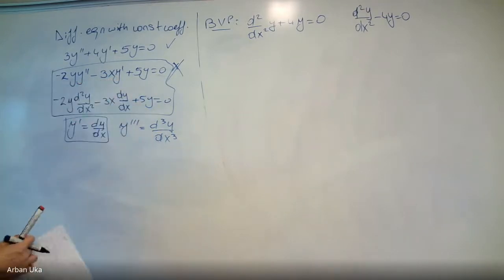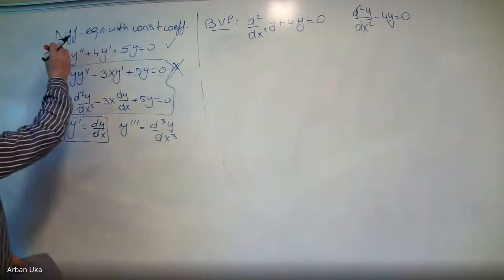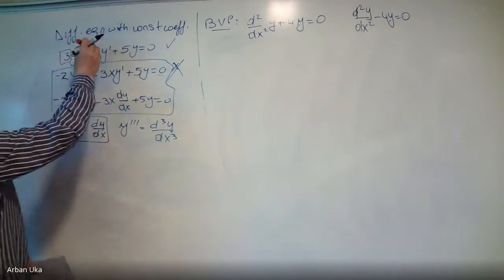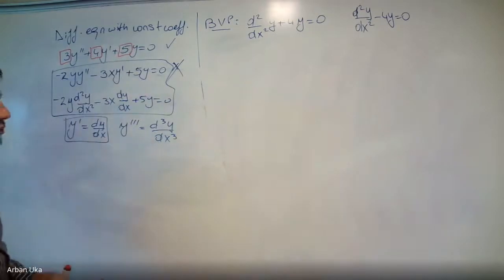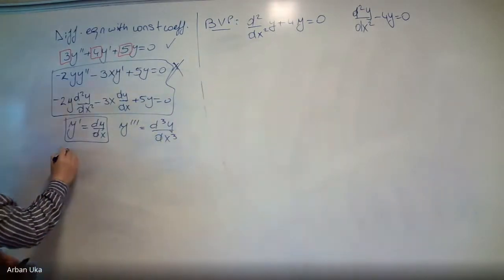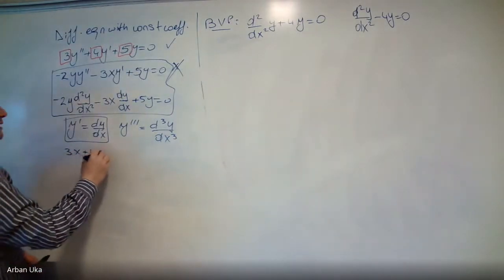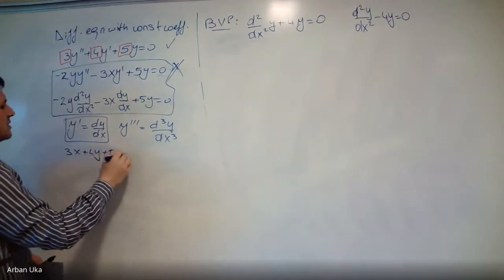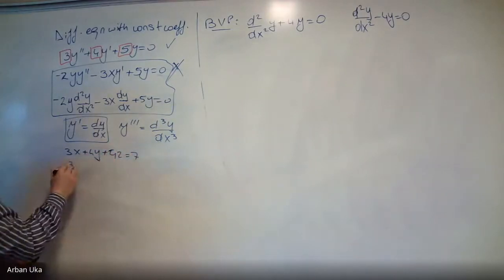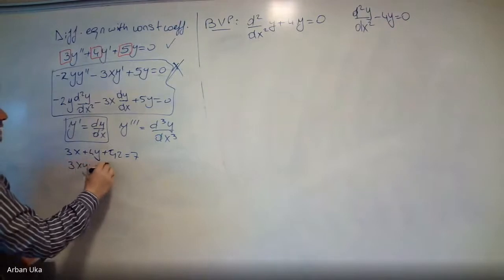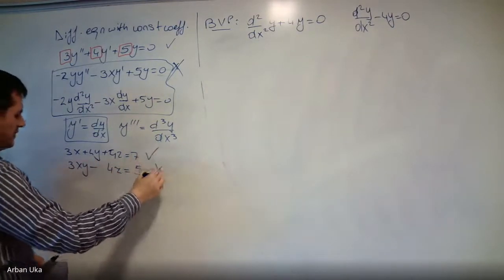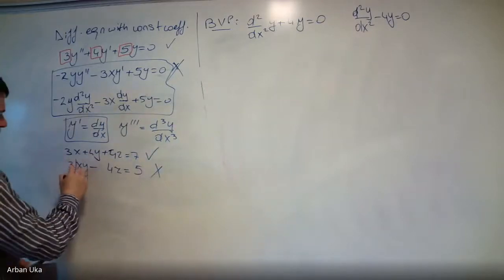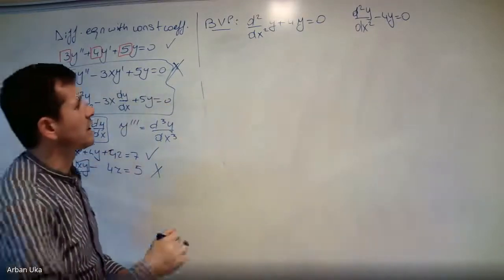This makes them nonlinear terms, and you know from linear algebra that anything linear is always to the power 1, okay? As a small reminder, 3x plus 4y plus 4z equals 7 is a linear equation. But 3xy minus 4z equals 5 is not linear, because we have here the product of x and y.